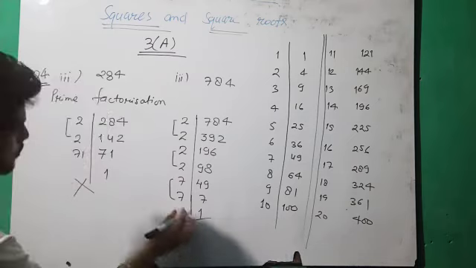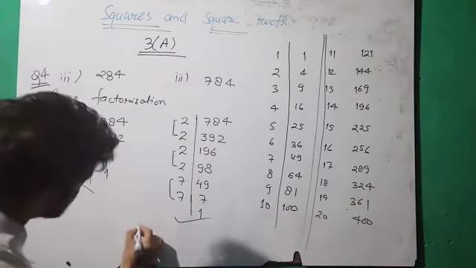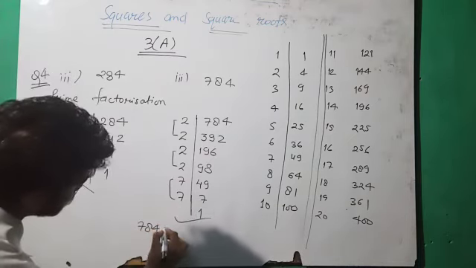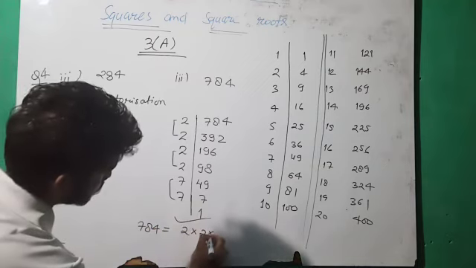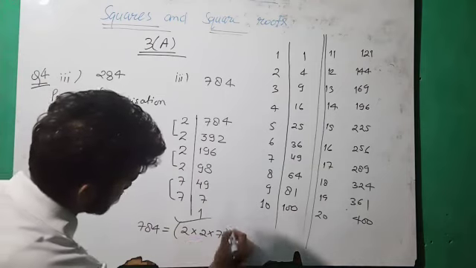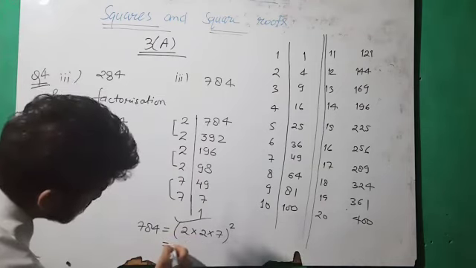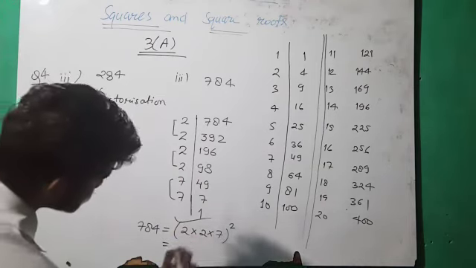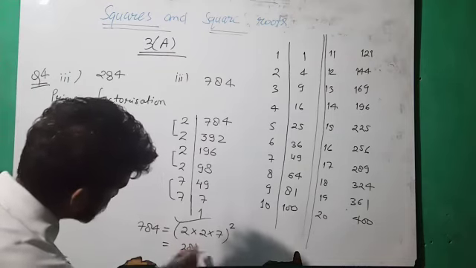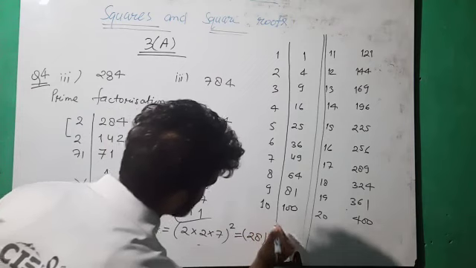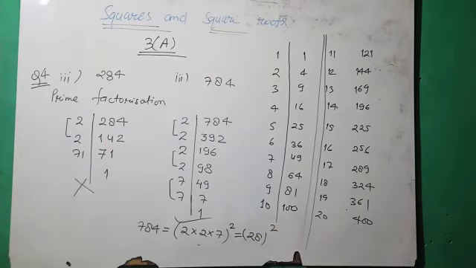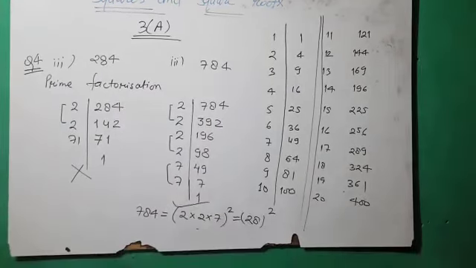Because we can write 784 equal to 2 to the 4 into 7 squared, which is 4 times 7, 28. So this is the square of 28.